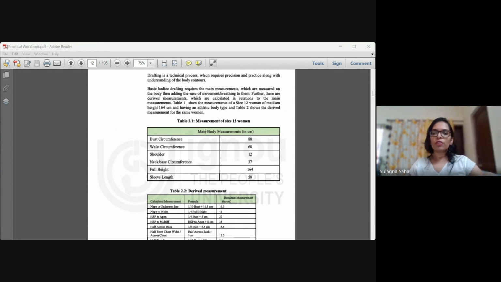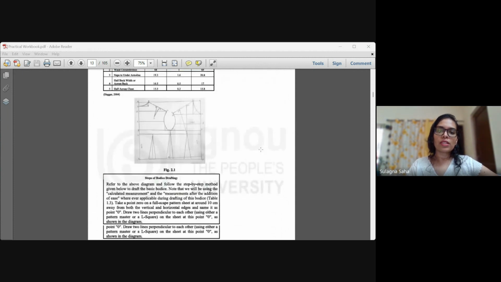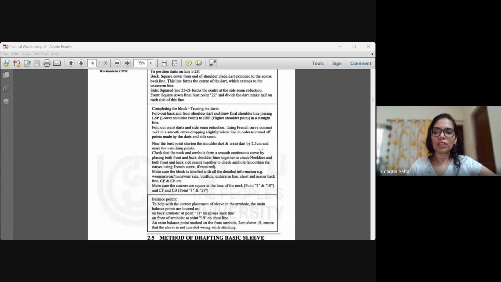Either way, whichever is comfortable to you. If you want to make a pattern for that person, you can do that, or you can use the measurements given here and work with them. So this essentially is that part of the section.